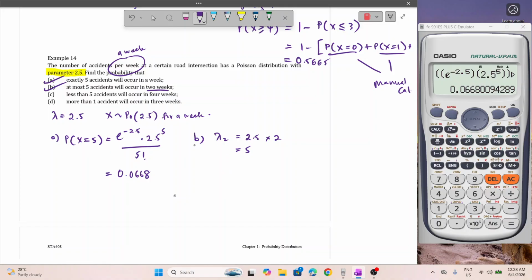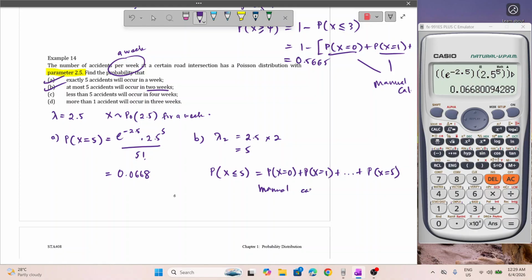Okay, and we want to find at most. So the probability that we want to find is probability of X less than or equal to 5. You can calculate it manually, but it requires calculating probability of X is equal to 0 plus probability of X is equal to 1 until probability of X is equal to 5. This is manual calculation.